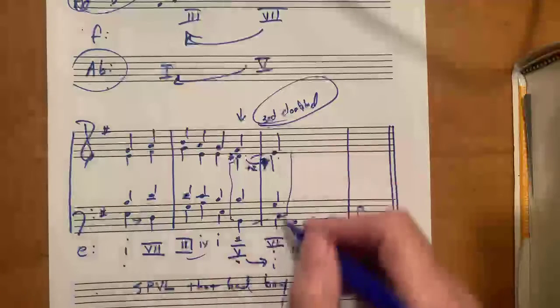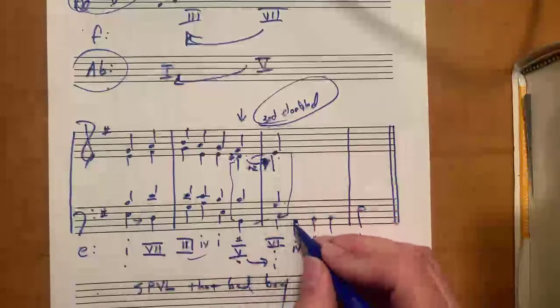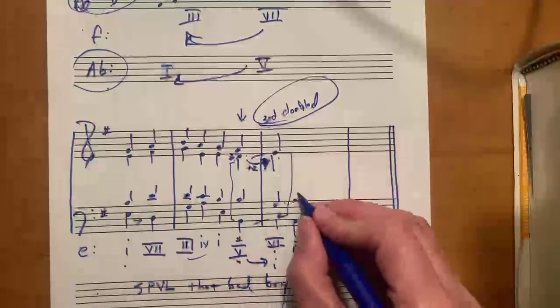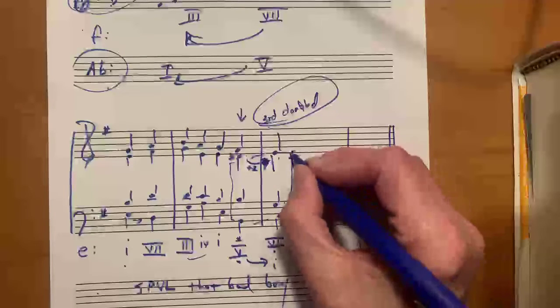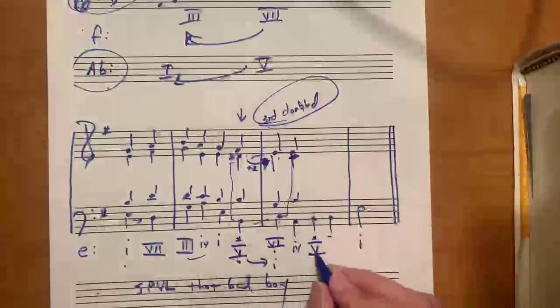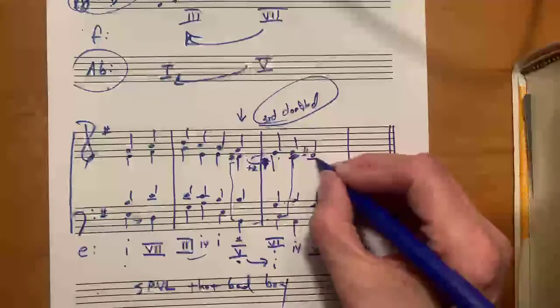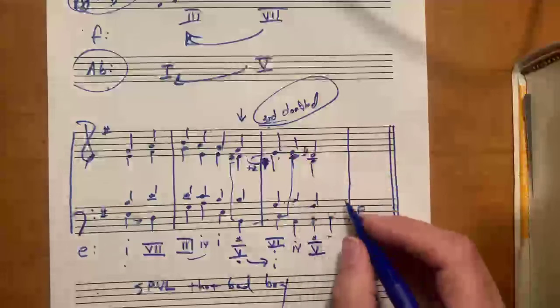Okay, so once we're back here, we can get back to where we need to be. We need A, C, and E. And now we're going to come to a 5 chord. 4 goes to 5, so we have to go contrary motion. Okay.